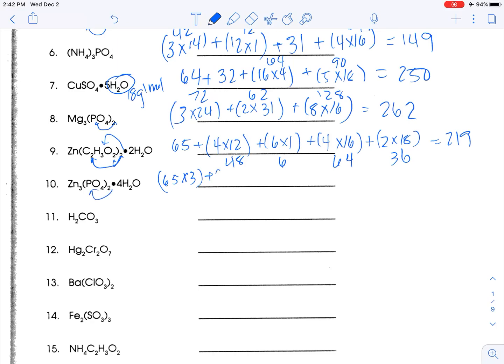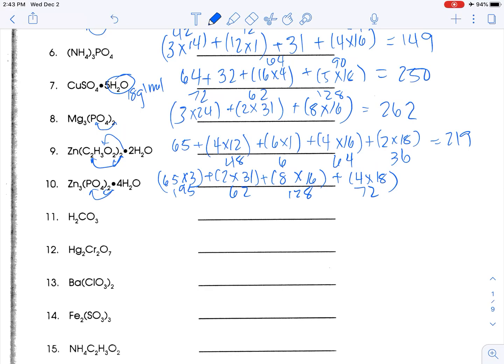Okay, phosphorus, 2 times 31 plus 8 times 16 plus 4 times the GFM of water, which is 18. 65 times 3 is 195. 31 times 2, and sorry this is getting a little bit messy, 62. 16 times 8 is 128. 18 times 4 is 72.